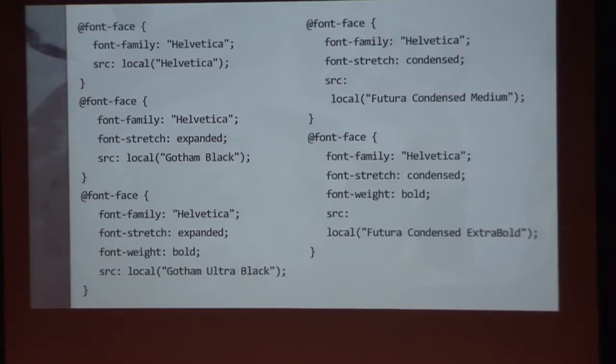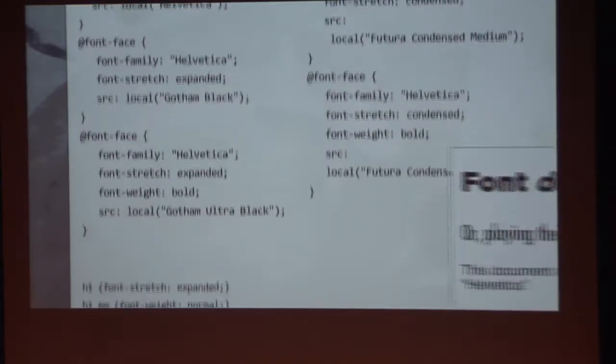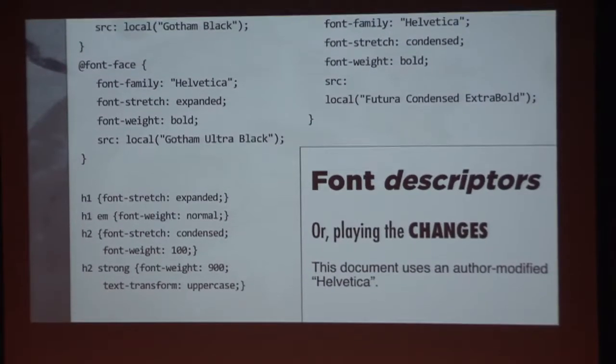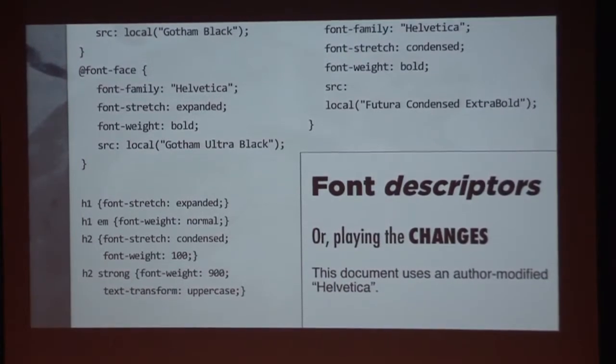And then you can combine these. So you use one face if the font stretch is condensed, but another face if it's font stretch condensed and font weight bold. So that just keeps going and going and going. And so here, I have 3, 4 font faces going on here, all from different families.